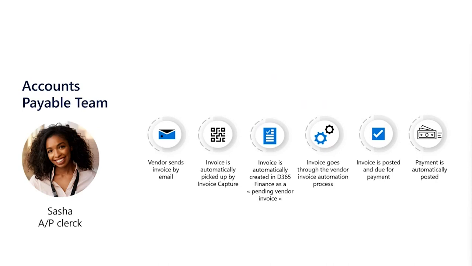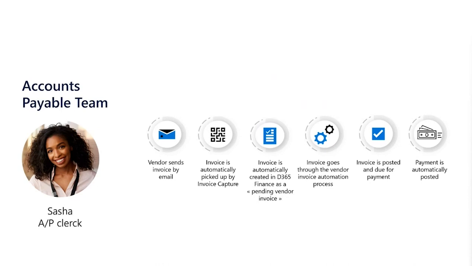With our vendor invoice automation, the invoice goes directly into the workflows and into the posting state. As soon as the invoice is posted, the vendor automation payment run will pick up those vendor invoices which are available to be paid, and trigger the payment proposals.